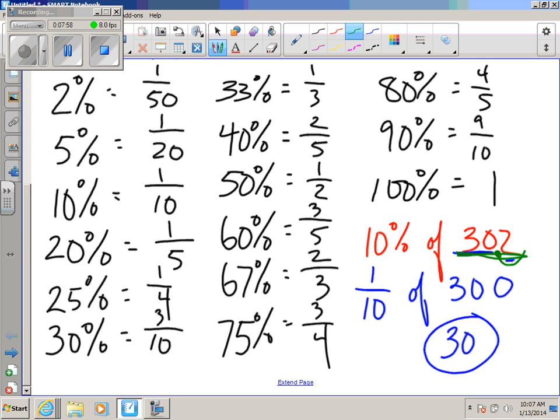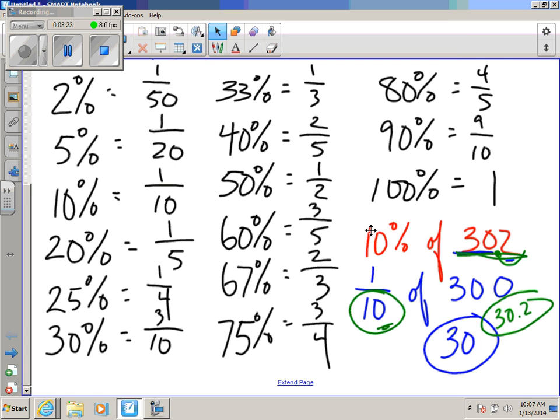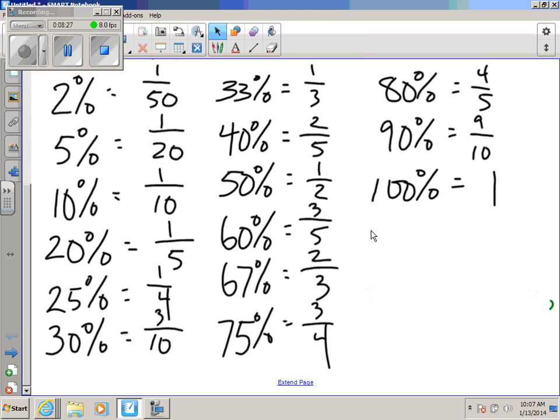So I would accept 30. I would also accept 30.2. Is there much of a difference between 30 and 30.2? Not at all. Especially when we estimate, we're trying to find something that's close, and that does the trick. Okay? It doesn't always work like that, but if you're using 1/10 and you're dividing by 10, it's a simple matter of moving the decimal one place, right? All right, let's give you one. 30% of 295.